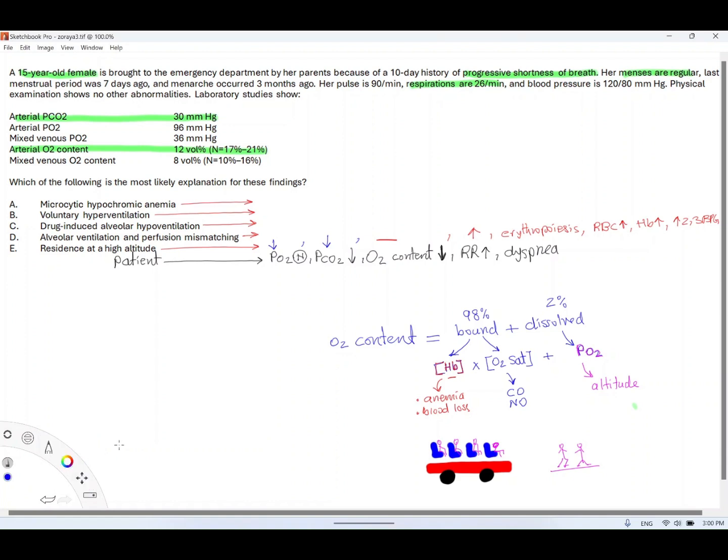Let's go over the choice of mismatch. In the case of a ventilation perfusion mismatch, there are two ways it can occur. Ventilation problems mean less oxygen coming to blood. So either the alveoli are blocked, or there's a bronchus that is blocked, such as by a tumor, a foreign body, a mass, cancer, or a pulmonary embolus.